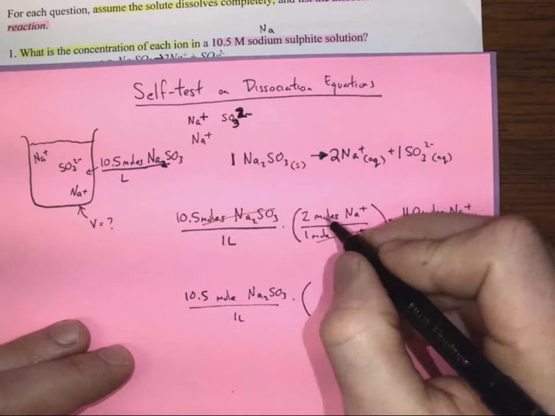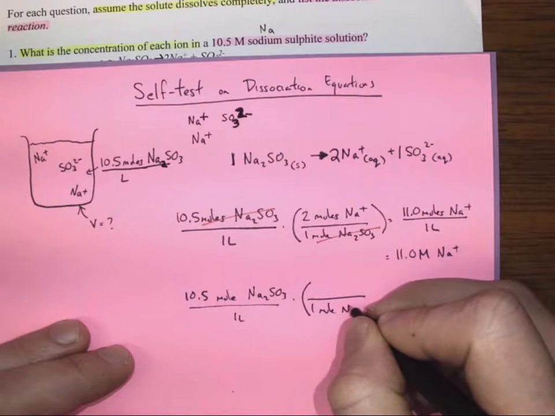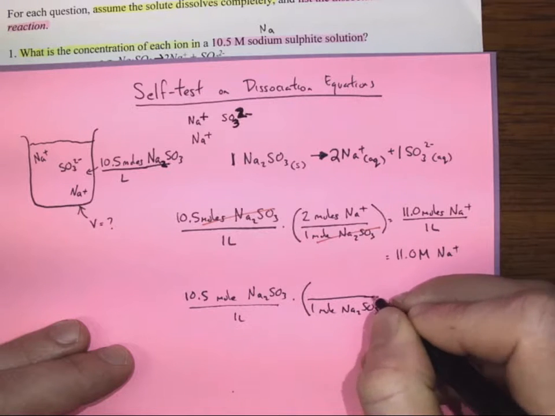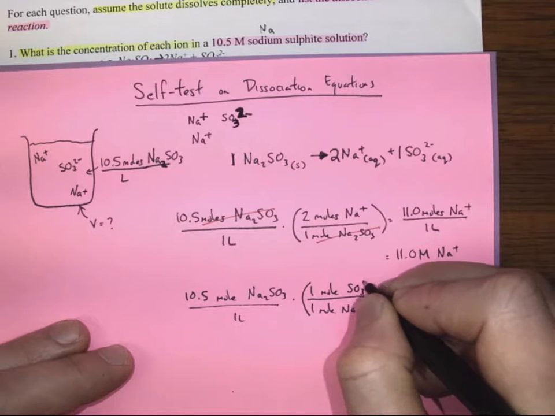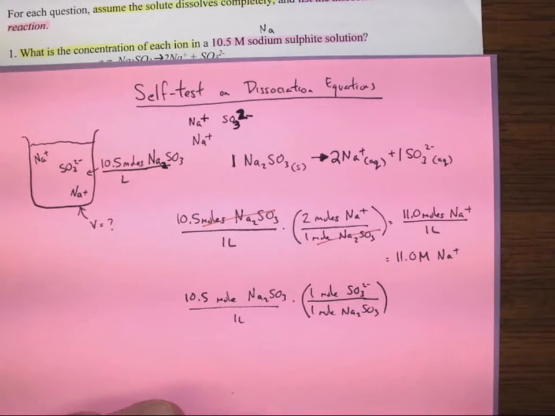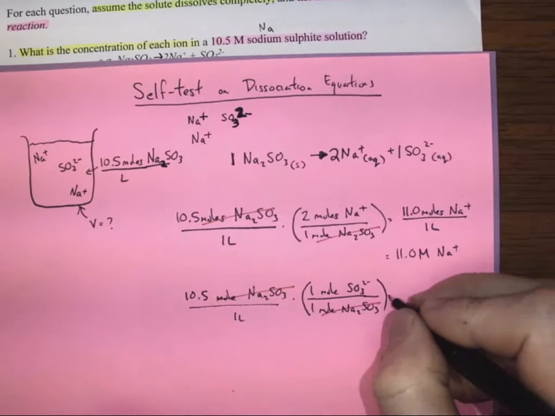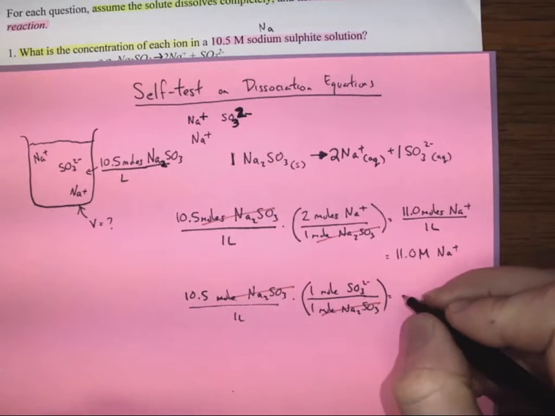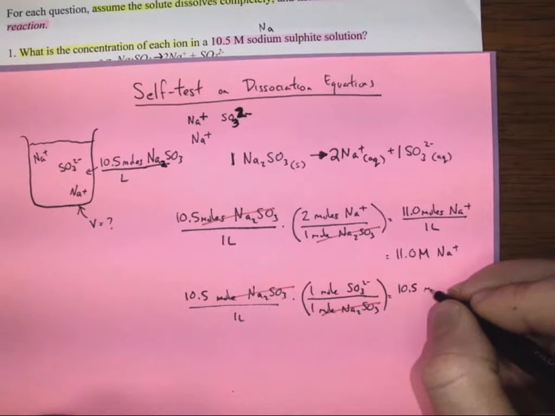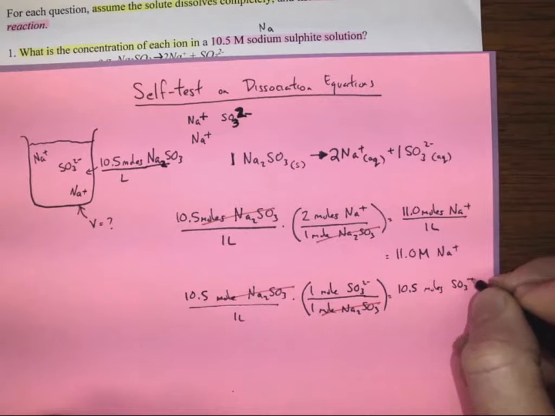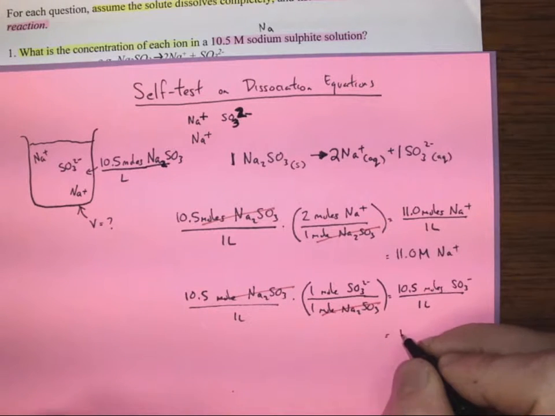Now it's 1 mole of this stuff for every 1 mole of sulfite. And so I multiply by 1, so all I've really done is change the units. Now I have moles of sulfite, and the liters didn't cancel, so I'm still over 1 liter, which says 10.5.